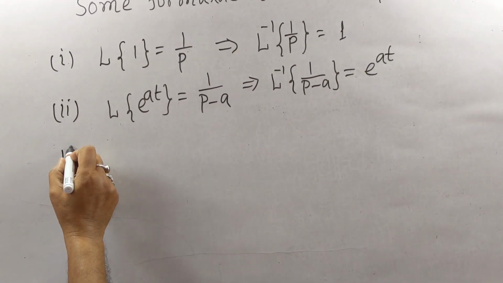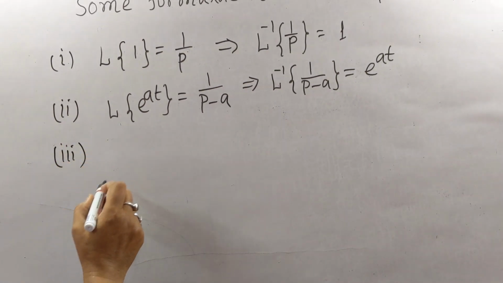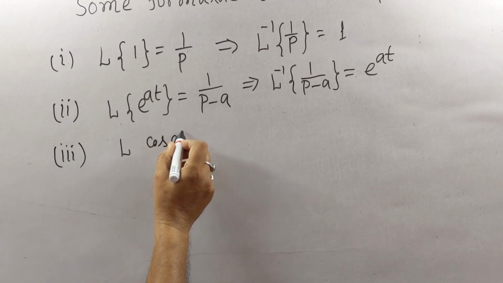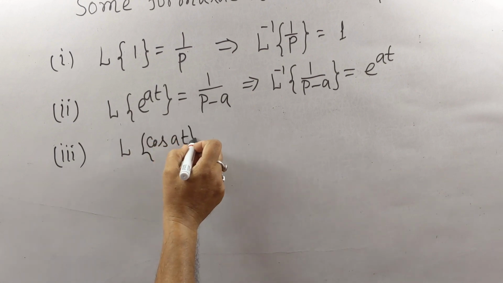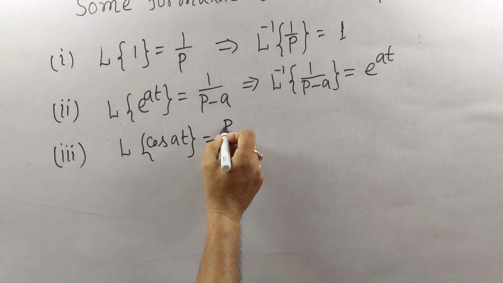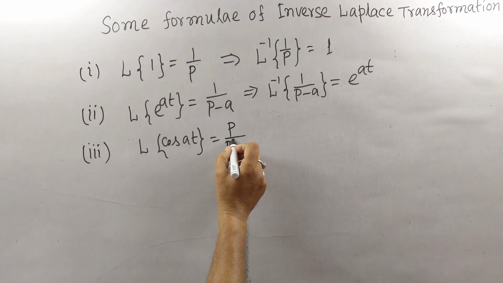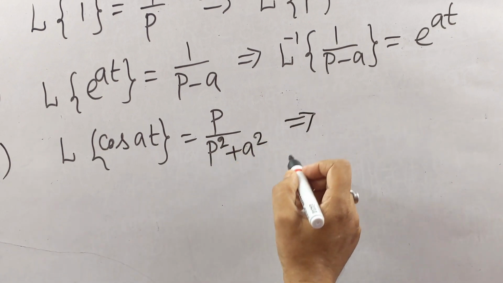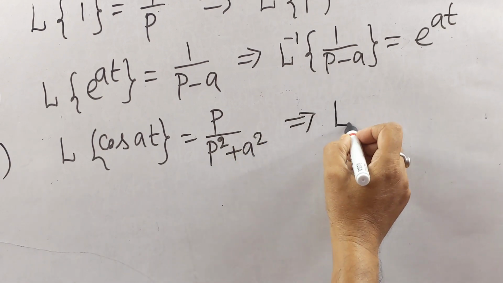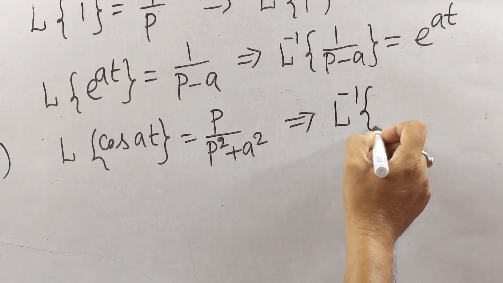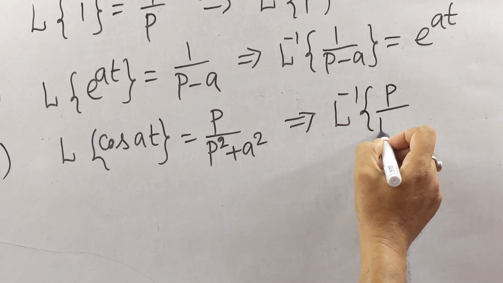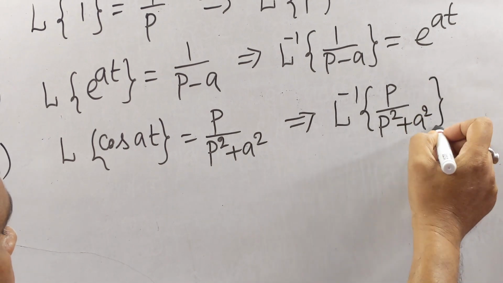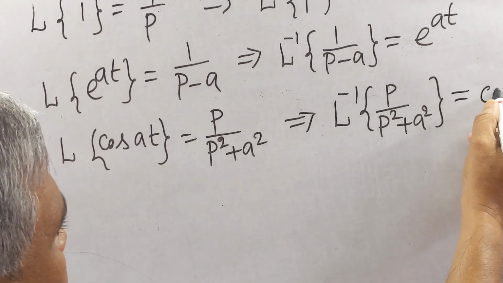Number 3, L{cos at} = p by (p square plus a square), which implies that L inverse p by (p square plus a square) = cos at.